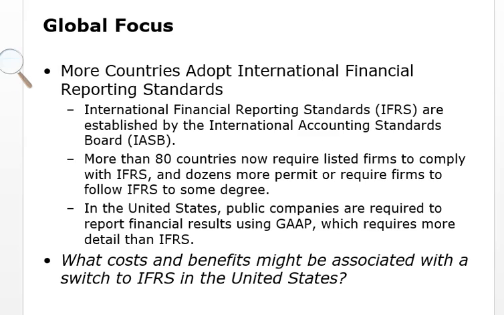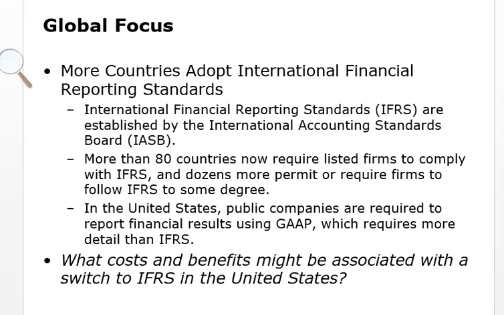Now, American accounting practices and standards are usually tougher than the rest of the world. But there are accounting bodies like IFRS, the International Financial Reporting Standards, and the International Accounting Standards Board that try to make a standardized format for financial statements across the world.